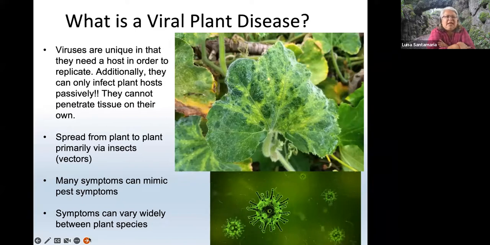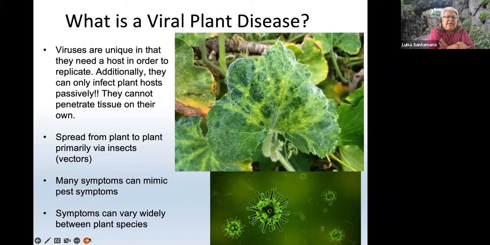As we know, viruses need a host in order to grow or replicate, and they infect the plants slowly. But the important thing is they cannot go inside by themselves. They need some way to get inside the plant. So insects are the main way to spread viruses from plant to plant. We call these vectors, right?